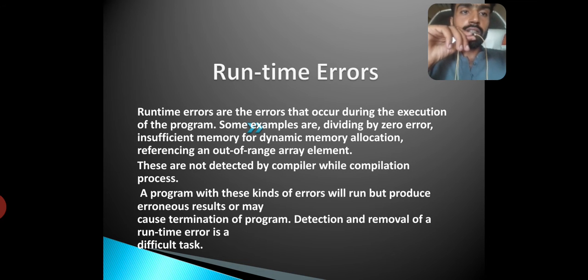These are not detected by the compiler during the compilation process of the program. These kinds of errors will produce erroneous results or may cause termination of the program. Detection and removal of runtime errors is a difficult task.